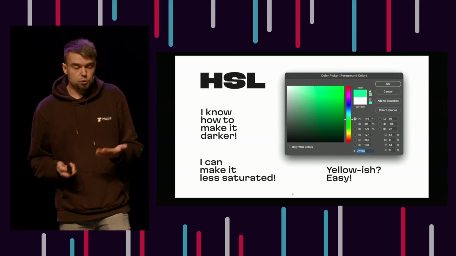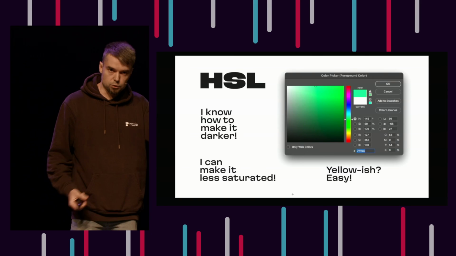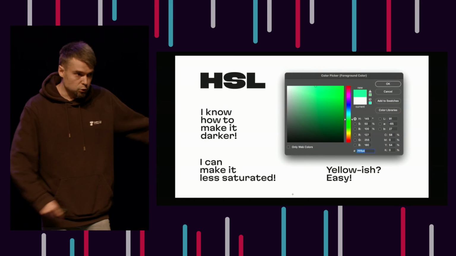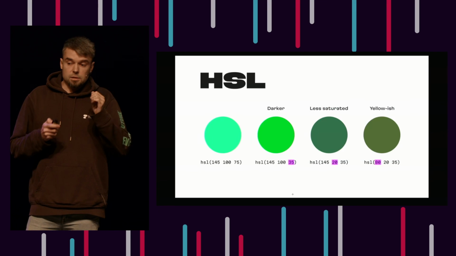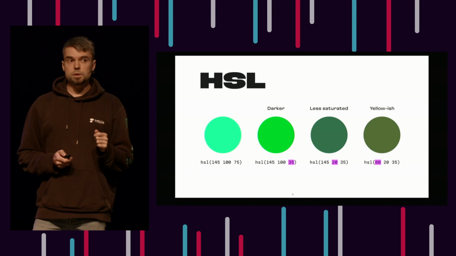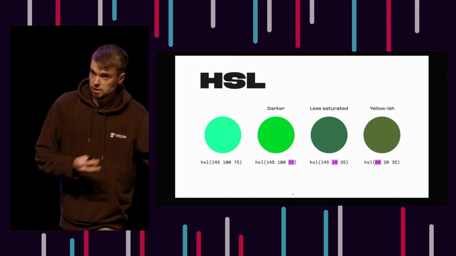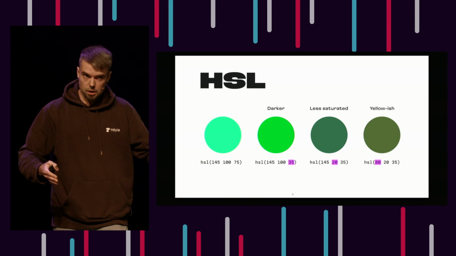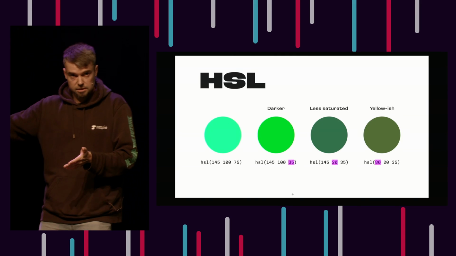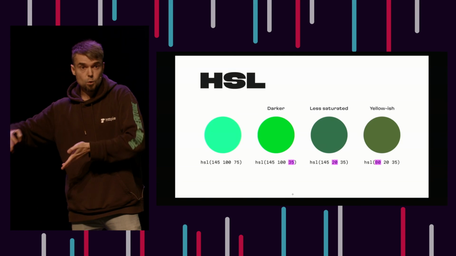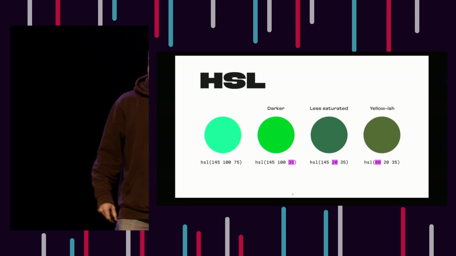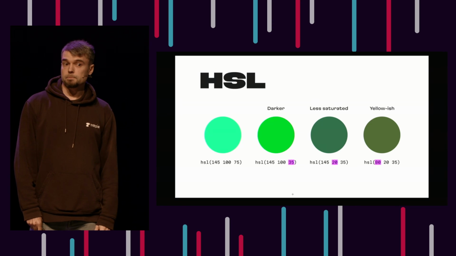Now I know how to change the lightness, how to adjust the saturation, how to play with the hue, and the most important part, I can do it independently. When I change the lightness, it doesn't affect the saturation. When I play with the saturation, it doesn't mess up the hue. When I adjust the hue, it doesn't alter the lightness.